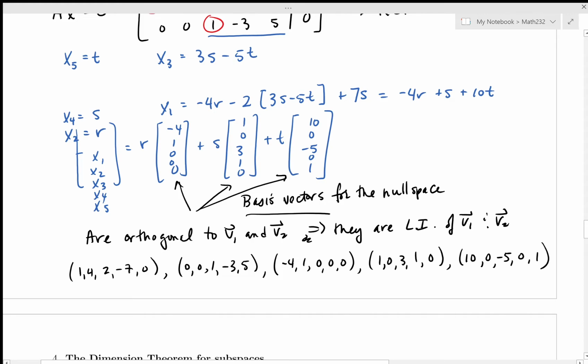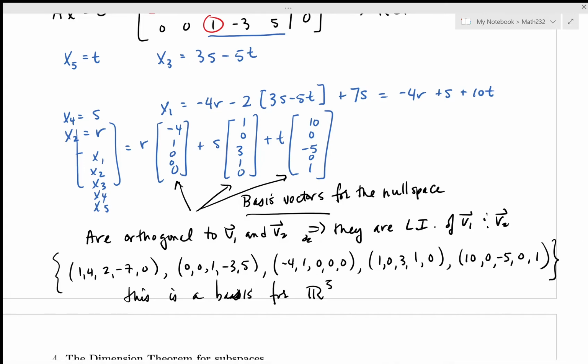And this set of vectors is a basis for R5.